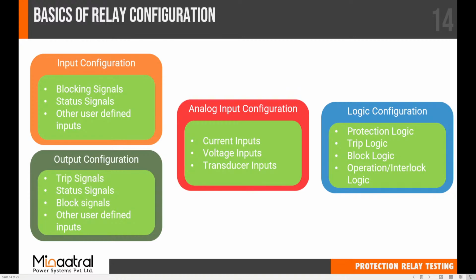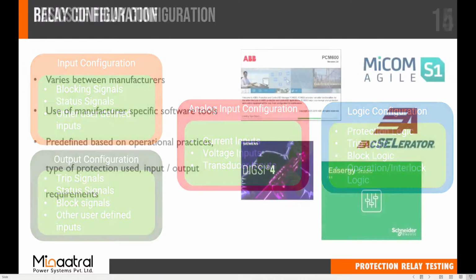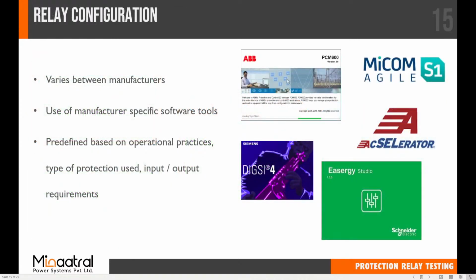So you can have a very exhaustive set of configuration within your protection relay, but it all depends on what you want out of the protection relay, what the functions are, and what elements need to be configured within it. Now, relay configuration, like we know, varies from manufacturer to manufacturer.